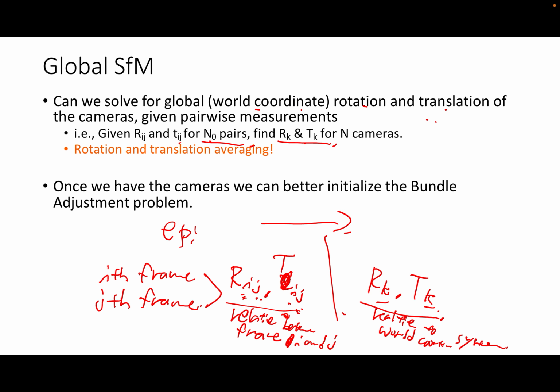And then global SfM can give us the rotation and translation of the camera for each frame in the world coordinate system. That is what global SfM is doing, and the way that we get this is called rotation translation averaging.